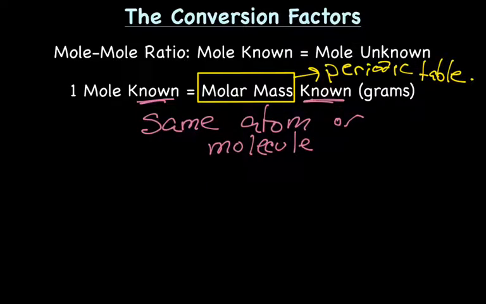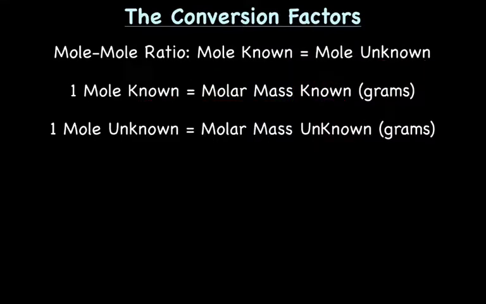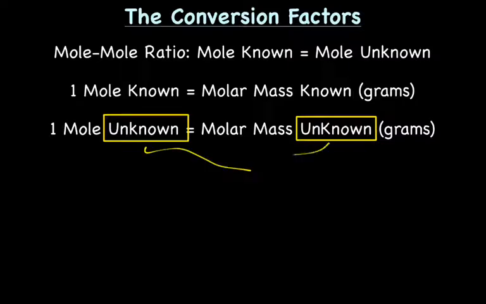And then the last conversion factor is actually very much like the second one: 1 mole of unknown equals the molar mass of the unknown. So once again, in this case, we're going to have 1 mole of the same compound equals the molar mass of the same compound. Again, same atom or molecule.